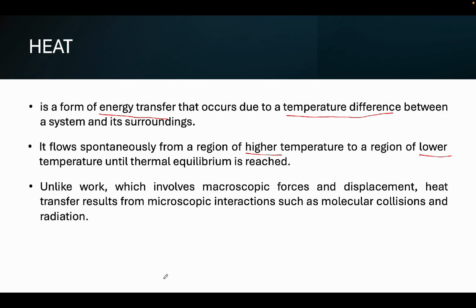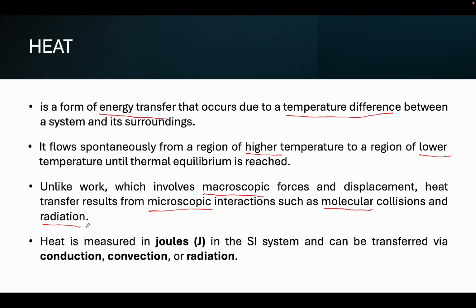Unlike work, which involves macroscopic forces and displacement, heat transfer results from microscopic interactions such as molecular collisions and also radiation.